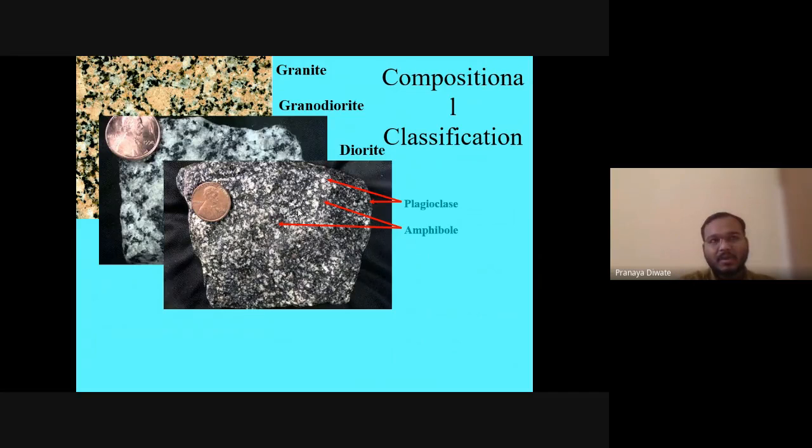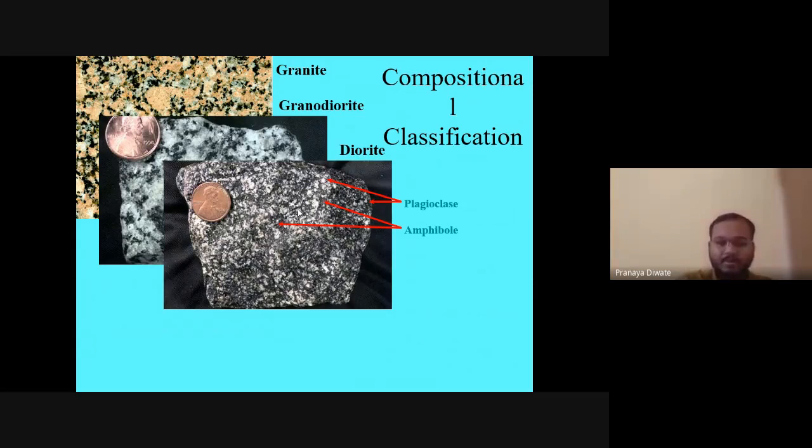There are 15 to 16 physical properties of the rock on which basis you can identify it. So these are granite, granodiorite, and diorite, three different types of rock having different mineralogical composition. On the basis of mineralogical composition, you always have a variety of rock in igneous rocks.